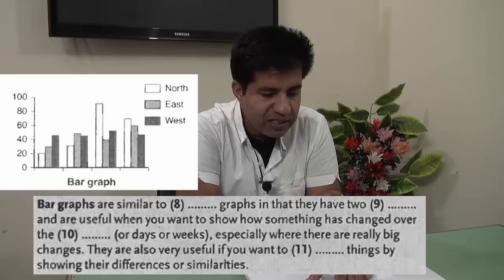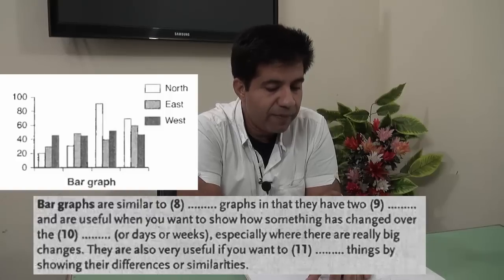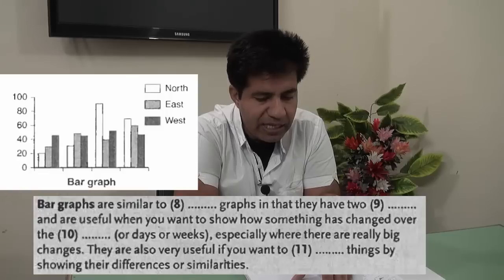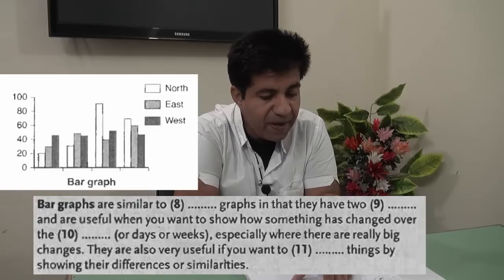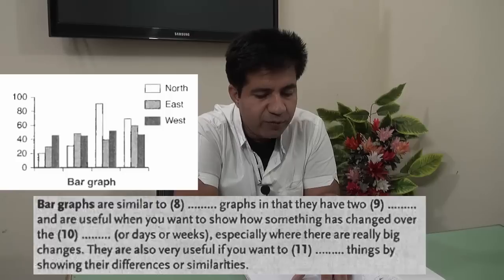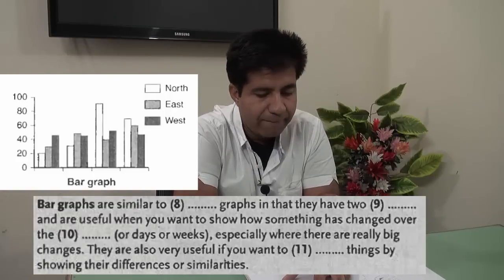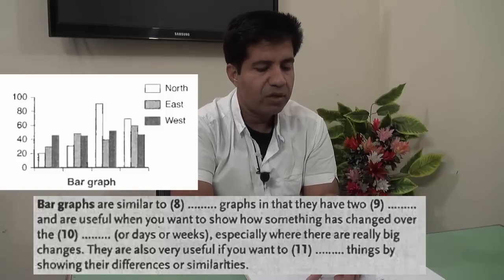They have two axes and are useful when you want to show how something has changed over the years or days or weeks, especially where there are really big changes. They are also very useful if you want to compare things by showing their differences or similarities.